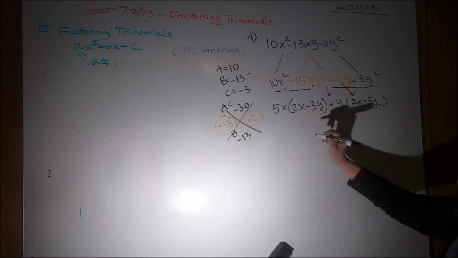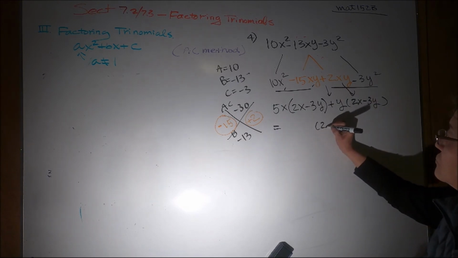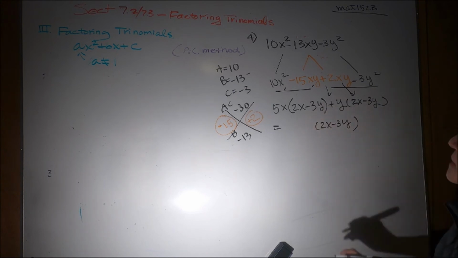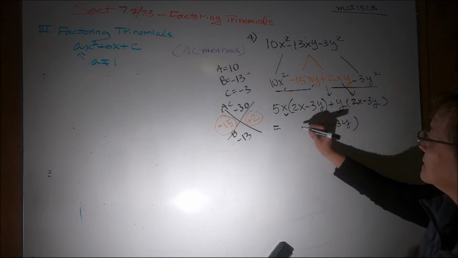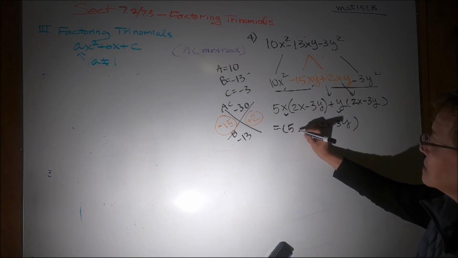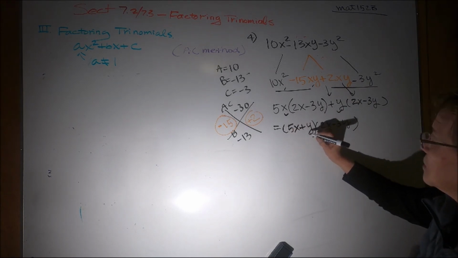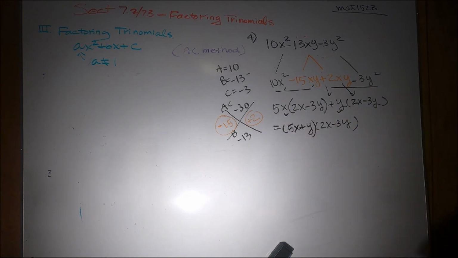So in these two groups, we have 2x minus 3y left. Take that out, then what's left is first 5x, second y.